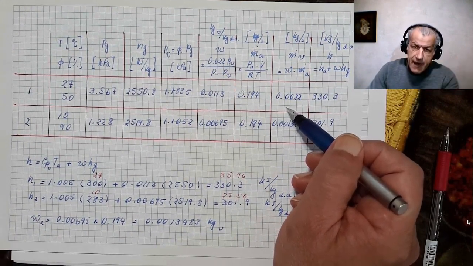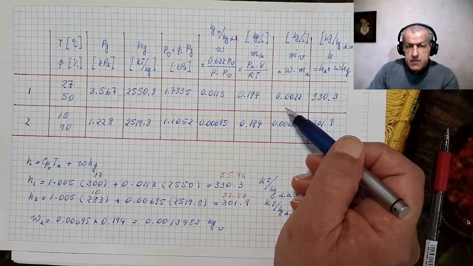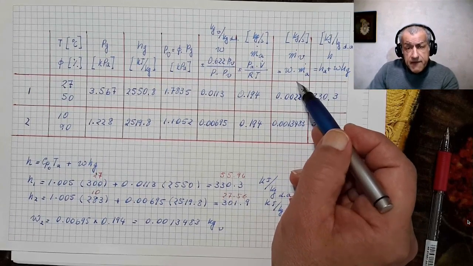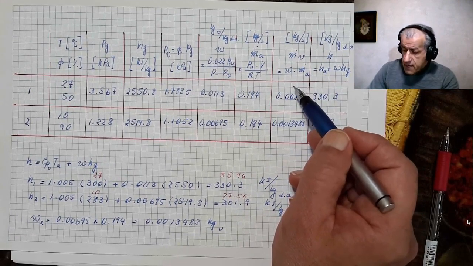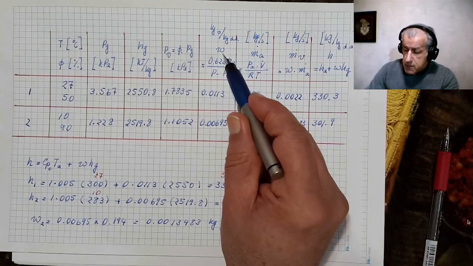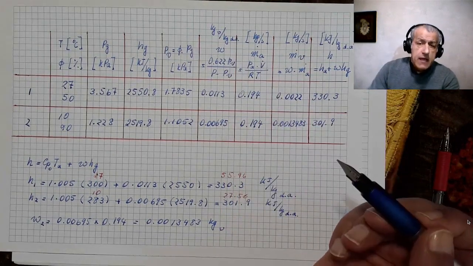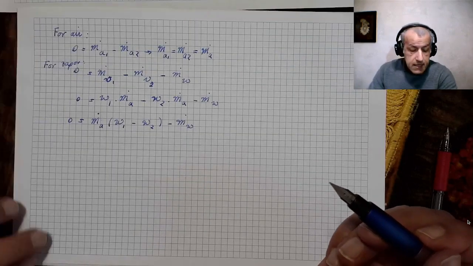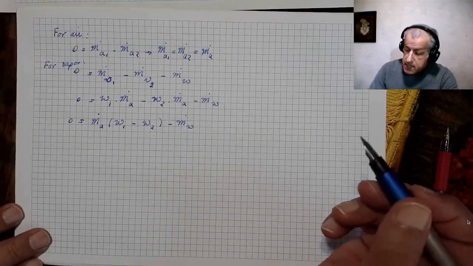It's not a common practice in air conditioning cases to use the vapor mass flow rate, and we just use W times m dot A. That's the common practice in air conditioning calculations.